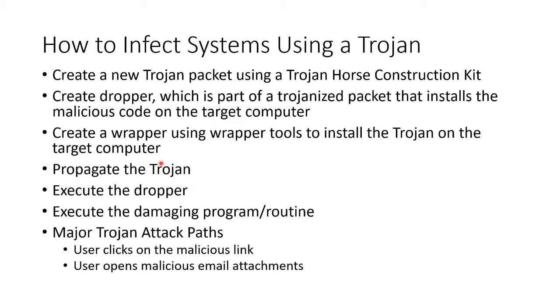So you need to send this Trojan around by chain emails or whatever. You then execute the dropper, which is going to install basically a little tiny server that you make a connection to, and it executes whatever its program is. The most common ways that we attack using Trojans is people either open a malicious email attachment or they click on a malicious link.